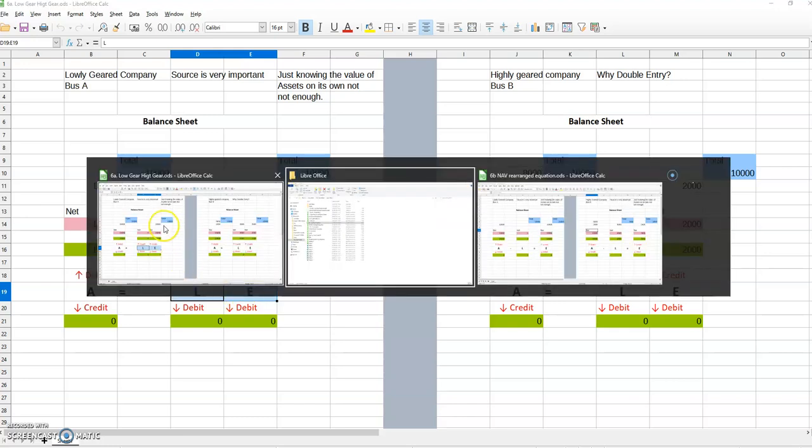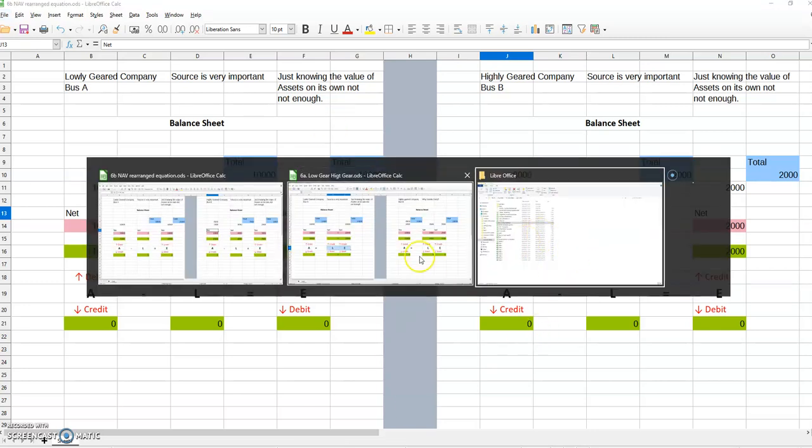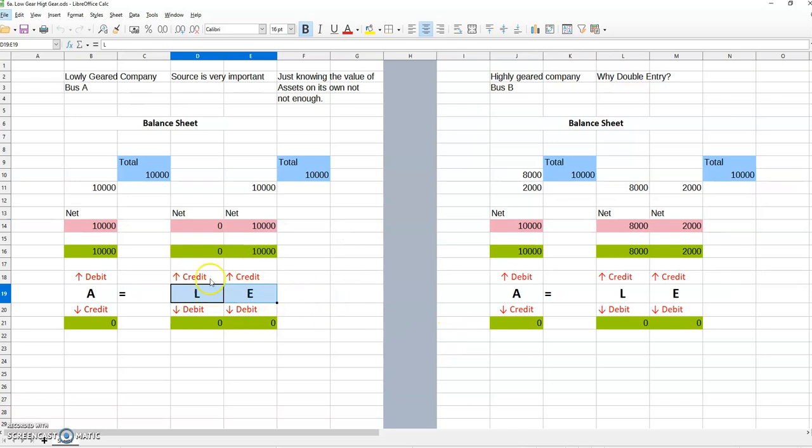Once you start making them negative, you can't really do your debits and credits. So it's an important point to note that when you're doing your debits and credits, you're doing them in this form.